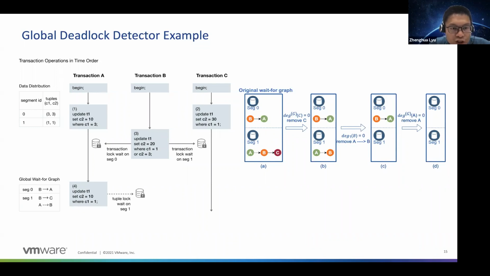We can handle different types of isolation level. If the isolation level is repeatable read, then if transaction C commits, transaction B will abort. Thus, there is only one transaction left in the system, so no deadlock.